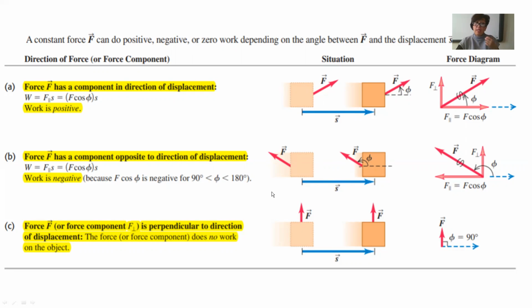The work will be negative because F multiplied by cosine alpha is negative, and the angle here is between 90 degrees and 180 degrees. The formula of the work is F cosine alpha multiplied by s.